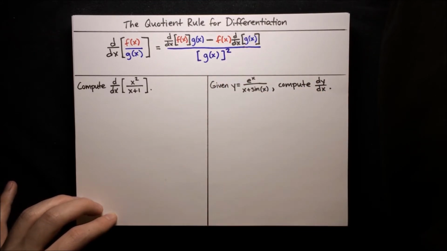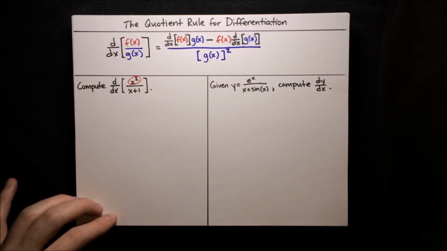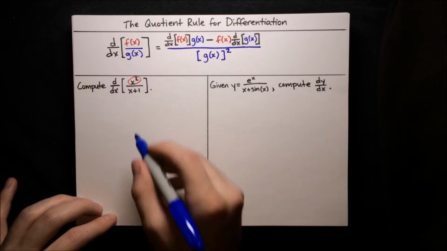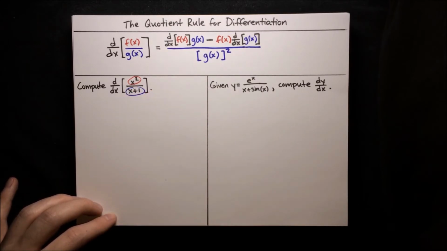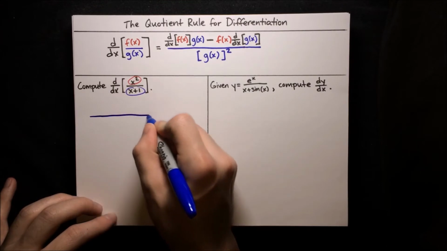Alright, so now that we know the quotient rule, let's go ahead and apply it to take some derivatives. First of all, we want to compute the derivative of this fraction here, x squared divided by x plus 1. So x squared, that's the numerator, will take the role of the function f, and x plus 1 is the denominator, and that'll take the role of the function g in the quotient rule. So applying the quotient rule, the result is another fraction.